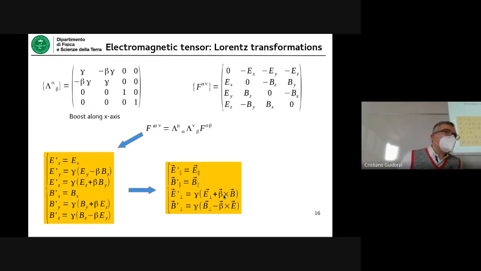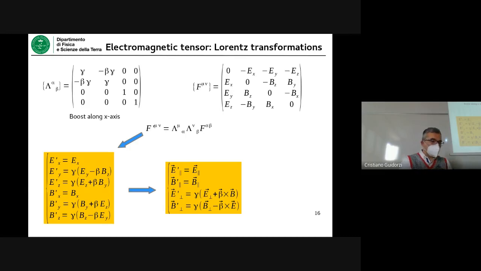If you think of the electromagnetic tensor, it's no longer any wonder. There is no more this asymmetry, because both electric and magnetic field are part of the same object. So when you change reference frame, you are looking at the same object from a different point of view. The coordinates of the object change, but the object itself doesn't.